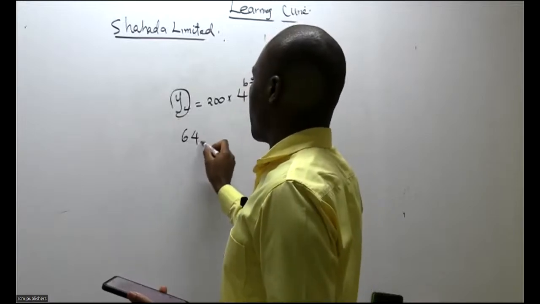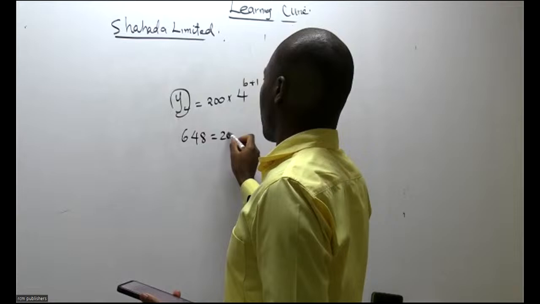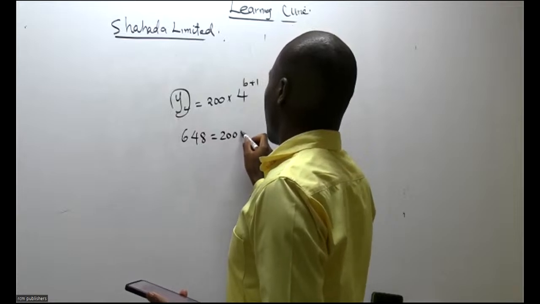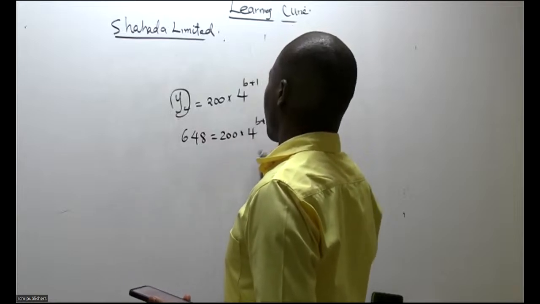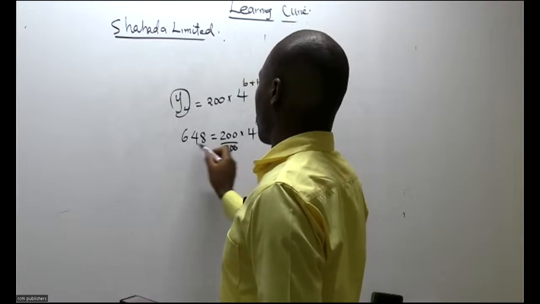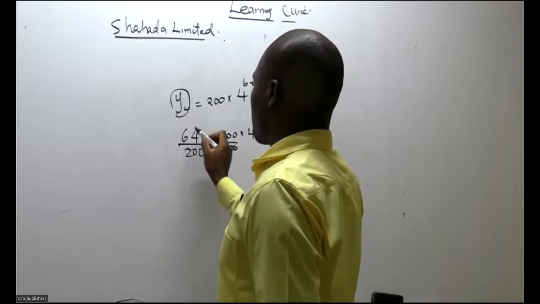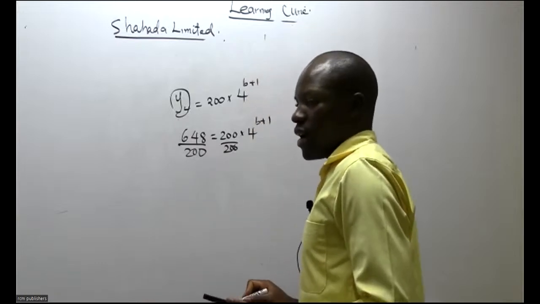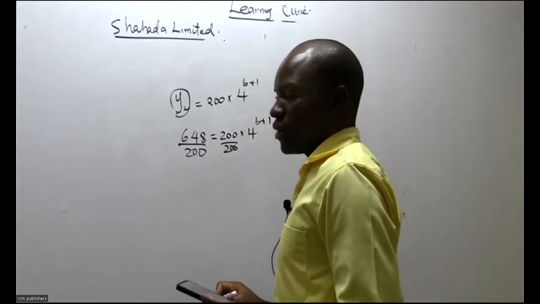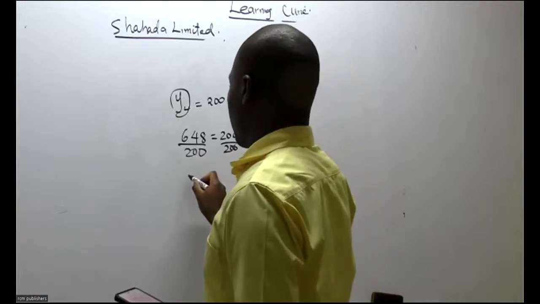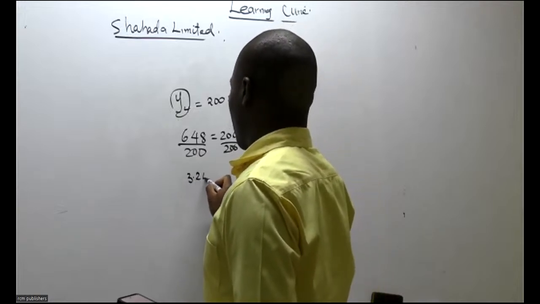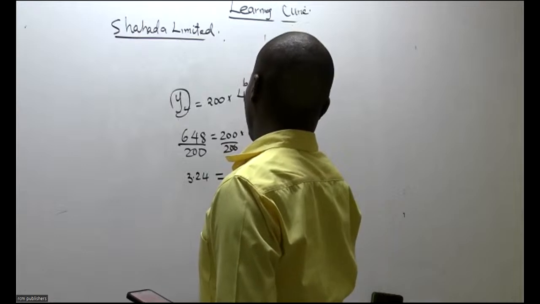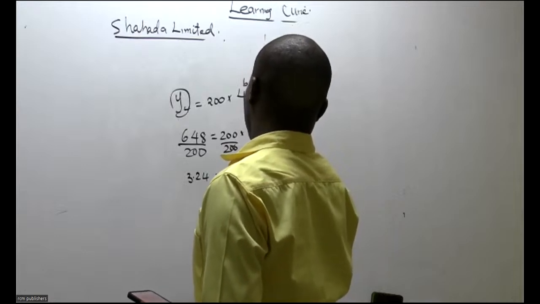So 648 is equivalent to 200 times 4 raised to the power B plus 1. Divide both sides by 200. 648 divided by 200 gives us 3.24, which is equal to 4 raised to the power B plus 1.